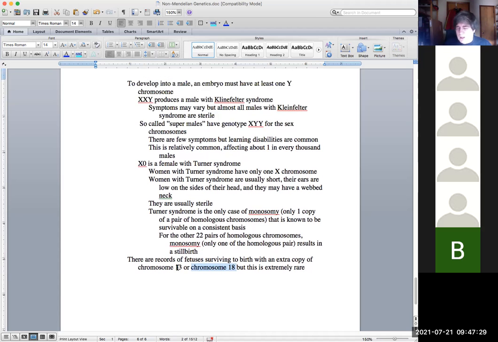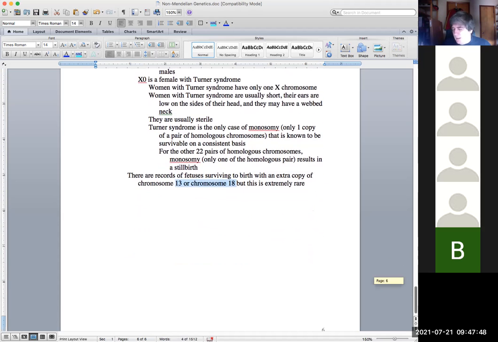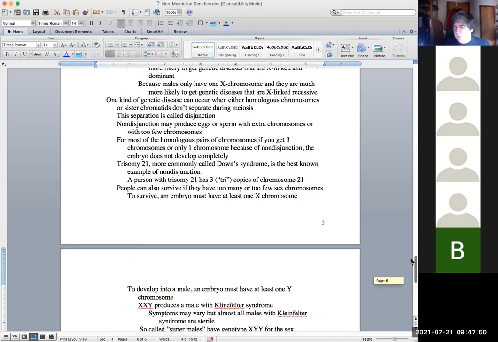And remember the chromosomes are numbered and the smaller numbers are bigger. Notice that the other cases where you might survive, chromosome 13 or 18, they're not in the top half. They're not real big chromosomes. So that may be a reason why occasionally people survive with that.